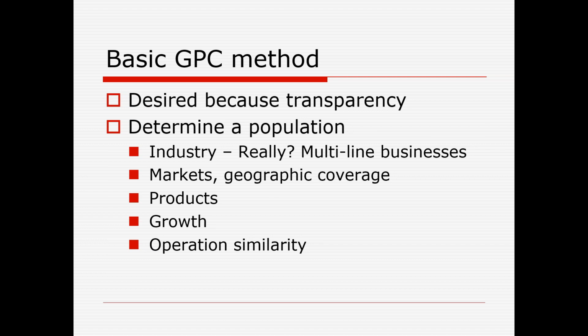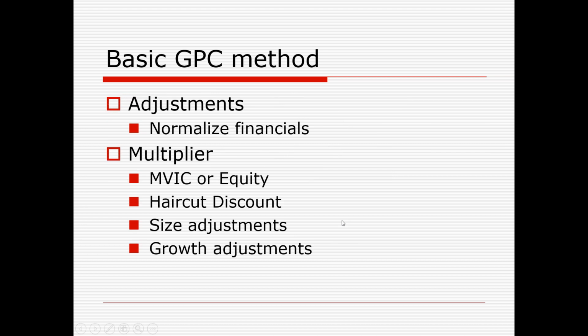Are you talking about their construction business? Or are you talking about their farm tractor business? And so you can get into some real issues with guideline public companies, and you need to study them out. That's one of the problems that we'll see with the guideline public company method, is that as you study these out, it becomes harder and harder to make those leaps from a subject company to a public company.